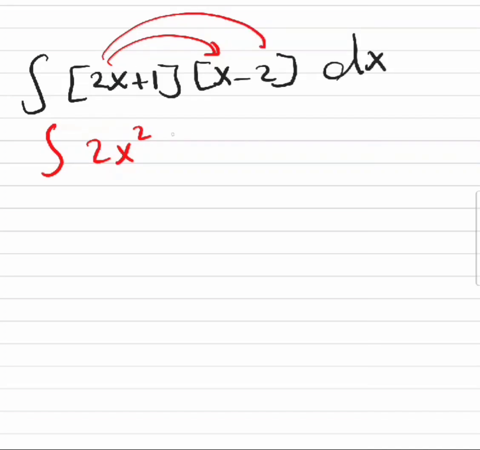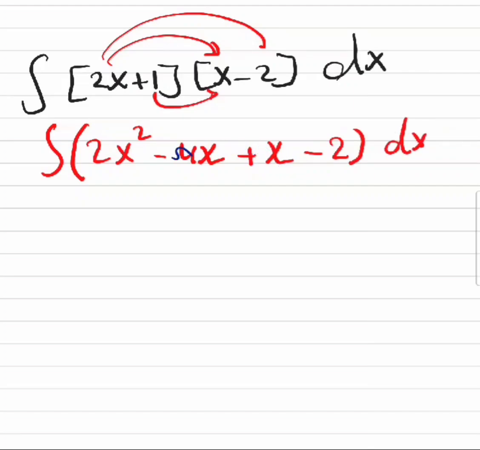And then 2x times negative 2, that's negative 4x. 1 times x is x. And then 1 times negative 2. Now, negative 4x plus x is negative 3x.